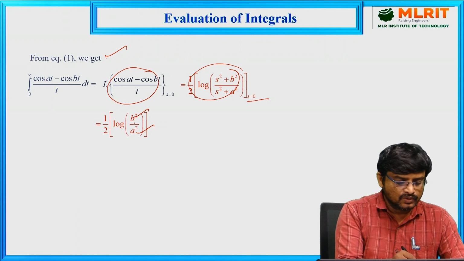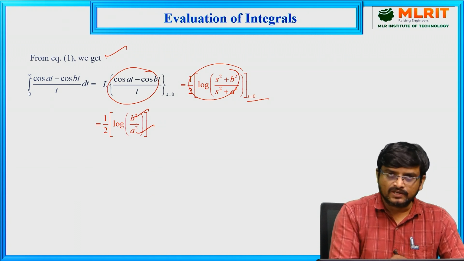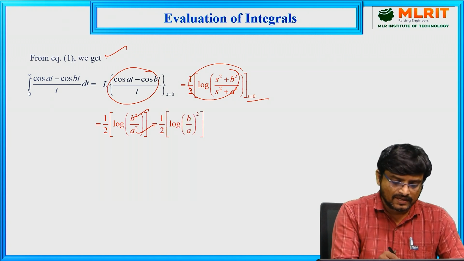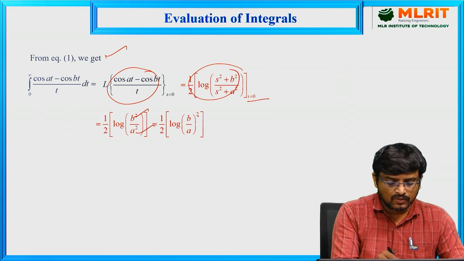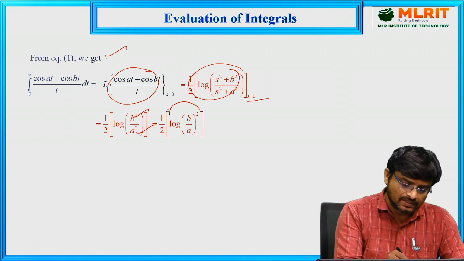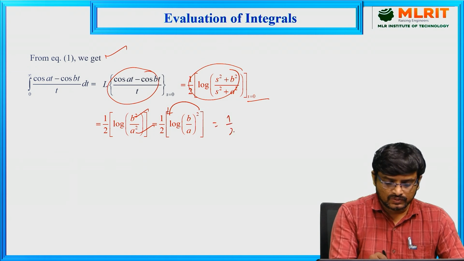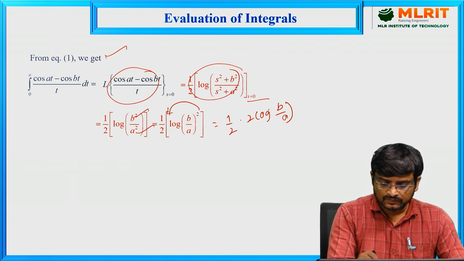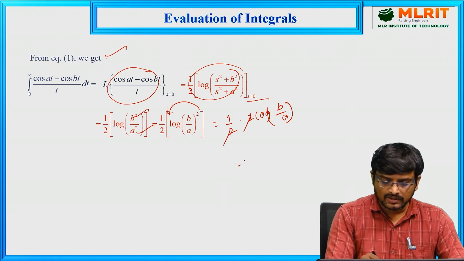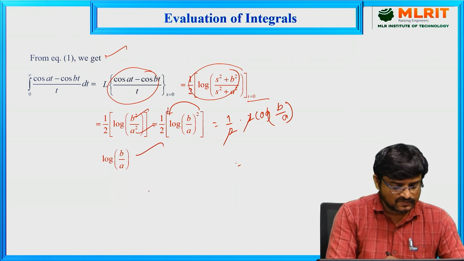So in both b square and a square we are having square common, so we can take log of b by a whole square. Now send this here, power of that, you will get 1 by 2 into log of b by a. This 2 gets cancelled, you will get log b by a. This is our final value here.